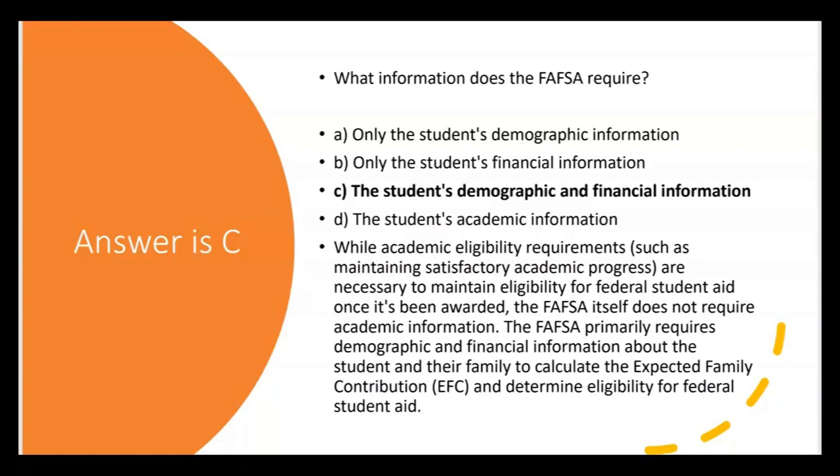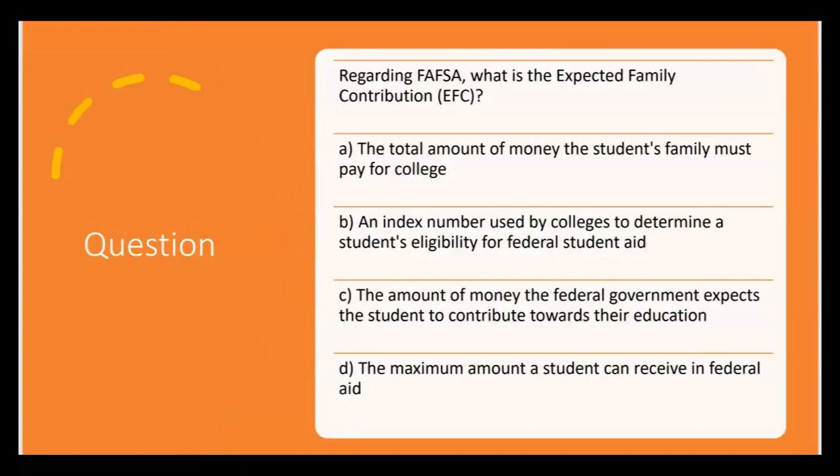So remember that FAFSA requires both demographic and financial information, but not the student's SAT scores or grade point average. All right, regarding FAFSA, what's the expected family contribution, or EFC?